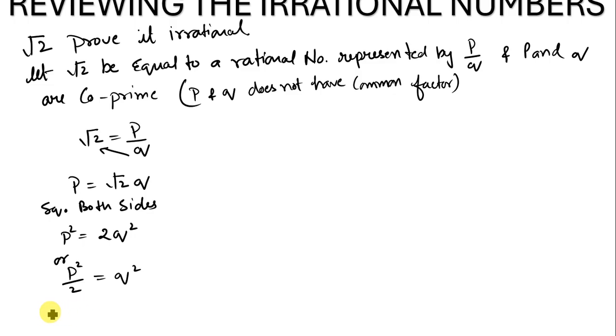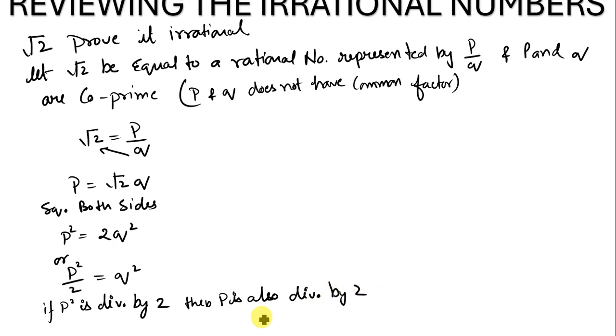By this, if p square is divisible by 2, then by the fundamental theorem of arithmetic, p is also divisible by 2. That is what we discussed on the previous page. So p square is divisible by 2, then p is also divisible by 2.